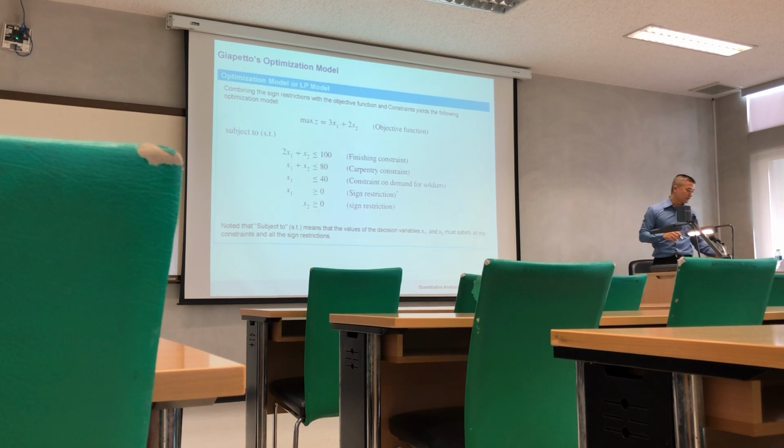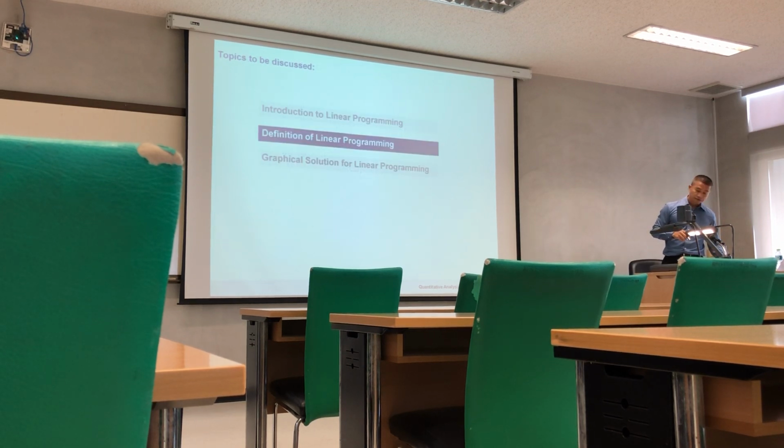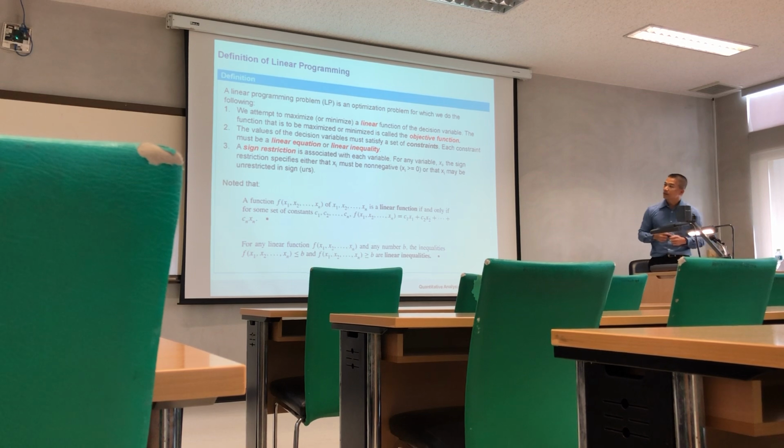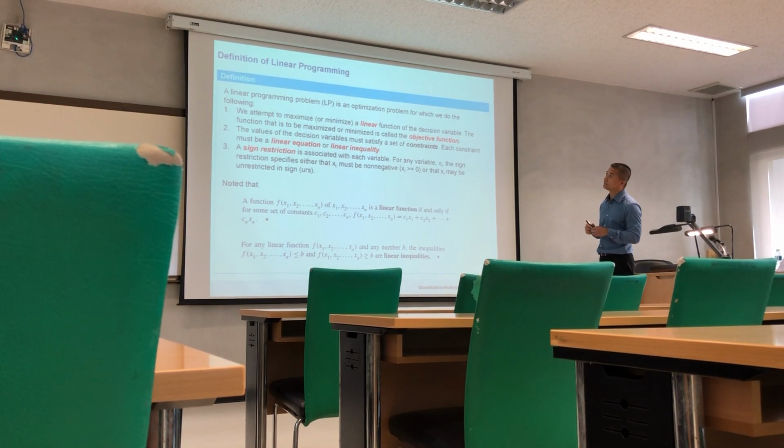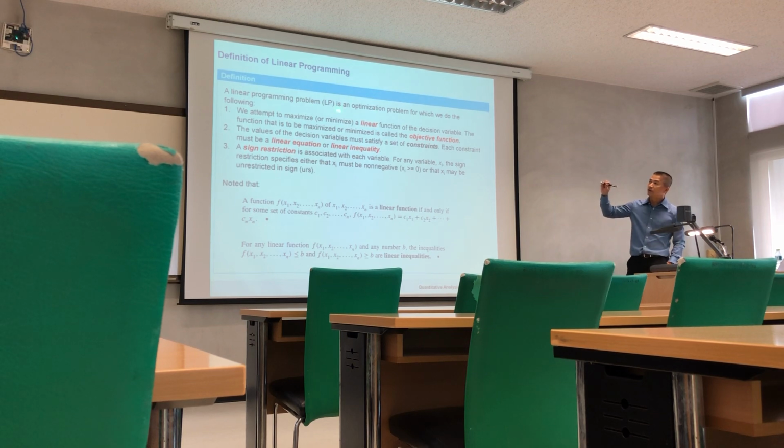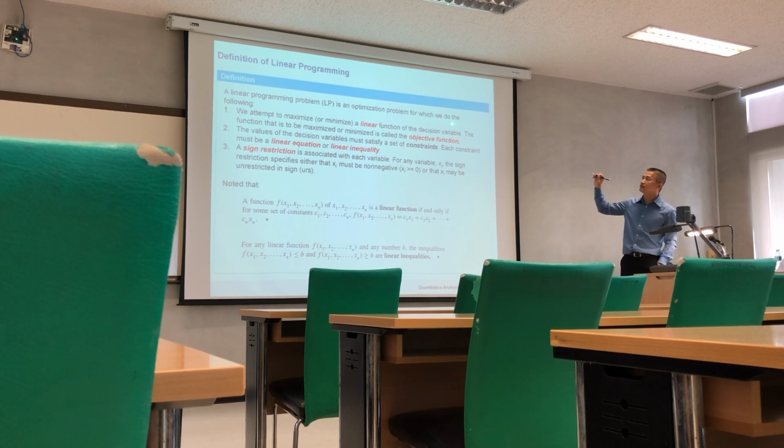So next, let's look at some basic theory of linear programming. A linear program, or LP, is an optimization problem for which we do the following. We attempt to maximize or minimize a linear function of the decision variables.